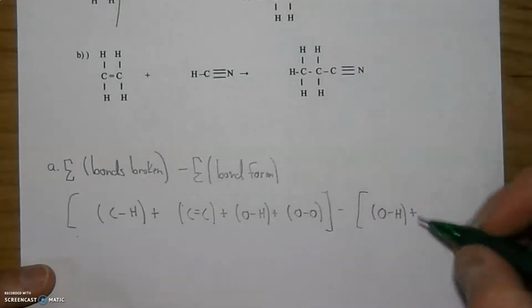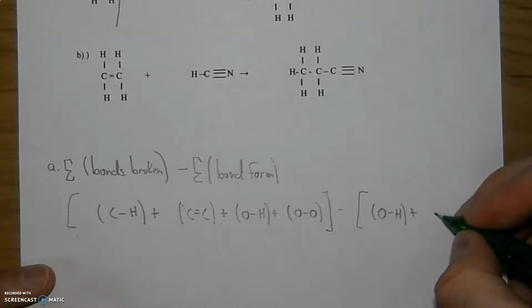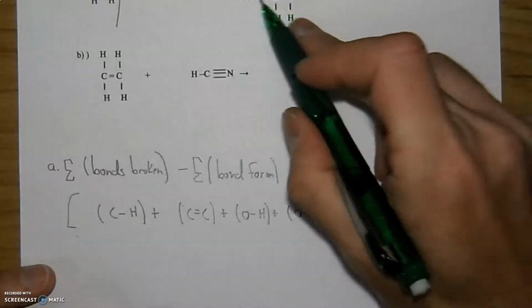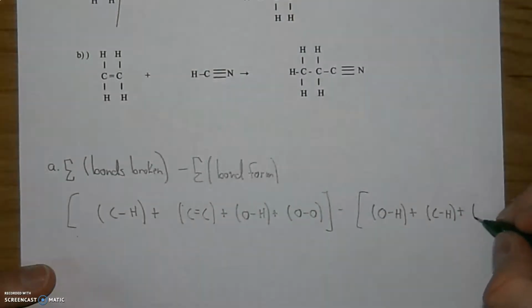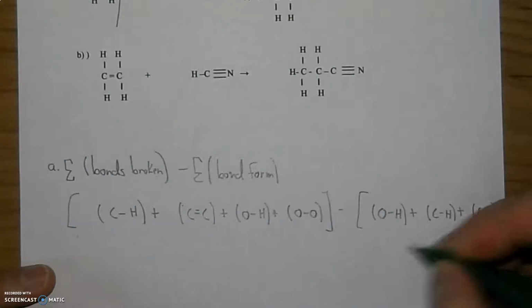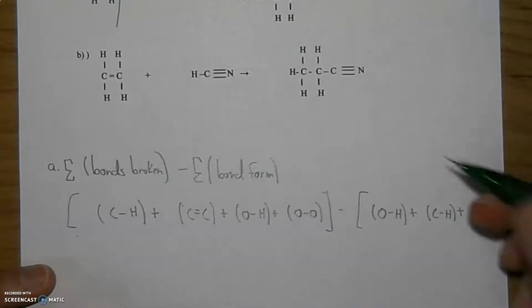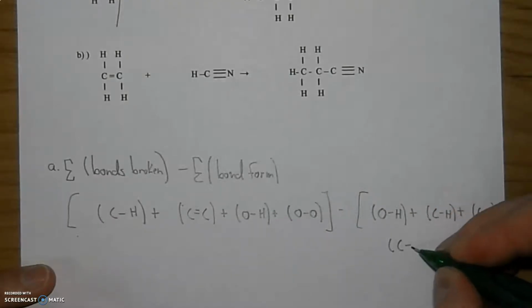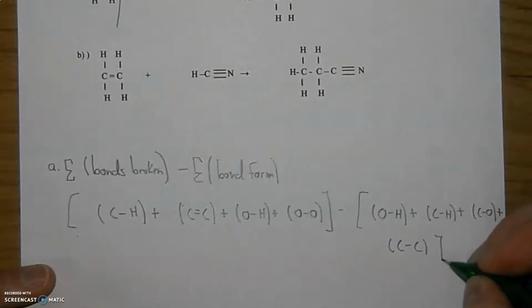Carbon hydrogens again, a certain number of those. And then looking else, I've got carbon, oxygen again. Running out of space here. Plus, I'll write it down here. And I guess I got a carbon to carbon single bond. That is different. And then I'll put the little bracket there to show that.